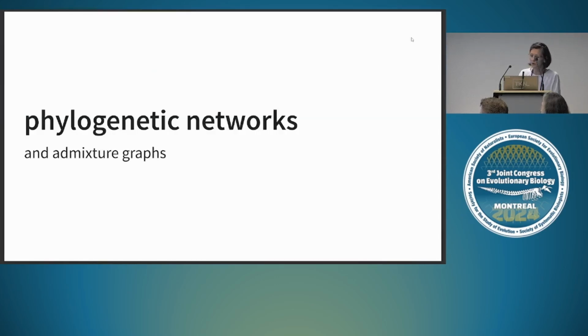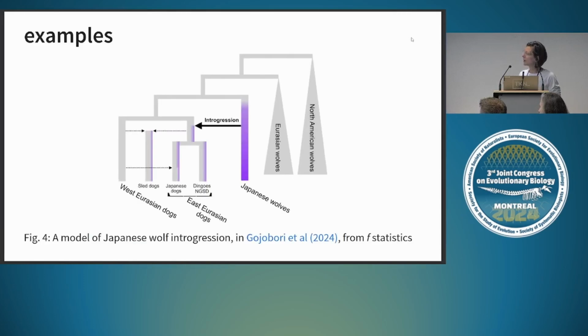All right, so I tend to talk about networks as phylogenetic networks. In the population genetics community, many people refer to these networks as admixture graphs, and they really are the same graphs. They're just two names for the same thing. This is an example from the population genetics literature, a very recent, super interesting paper.